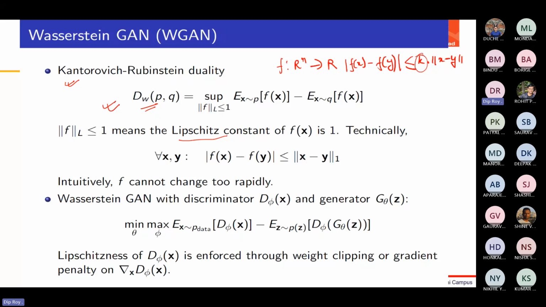In those kinds of cases, you remember what you do? You do weight clipping or gradient penalty and all those things. Those are nothing but practical forms of Lipschitz. Essentially, we want to put a constraint on the slope. We don't want a steep slope. If it is a steep slope, then we lose the signal.